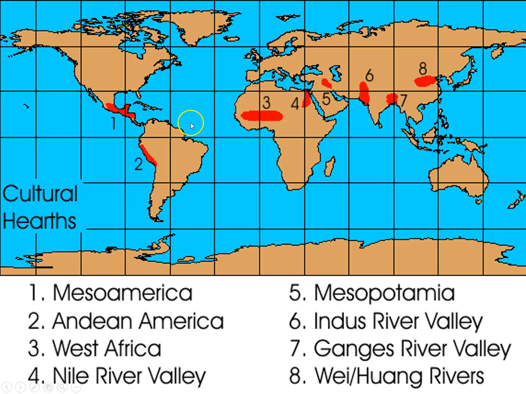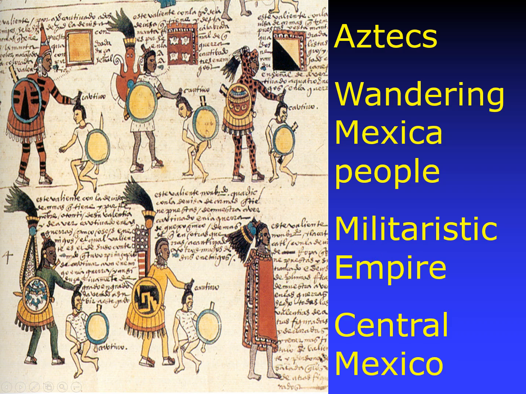West African civilizations, India and China. But if you look at the isolated Americas, remember that they're cut off from the rest of the Eurasian landmass, it's here in 1 and 2 that you're going to see advanced civilizations. The Aztecs will be here, and the Incas will be here in a place called Andean civilization. But let me get into a little bit more detail of this.